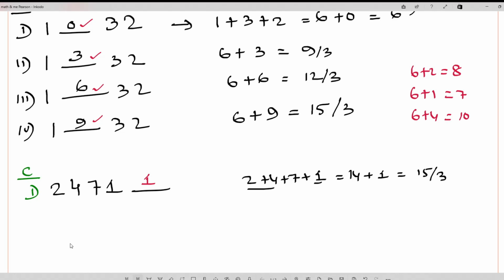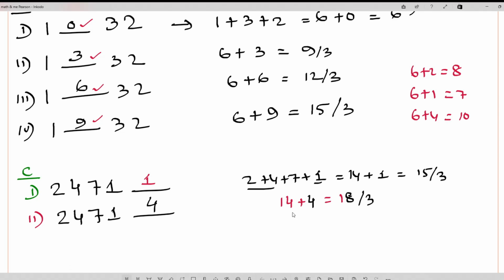1. Okay. Next, 2, 4, 7, 1, we got 14. If we add 3, it means 17. 17 cannot be divisible by 3. But if we add 4, so 4 plus 14 means 18. 18 is divisible by 3. So for 2, 4, 7, 1, we can add 4.